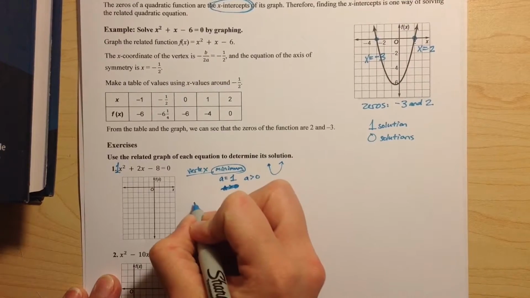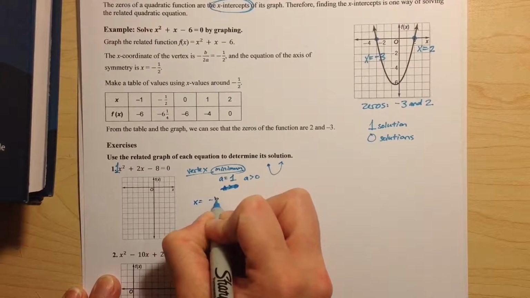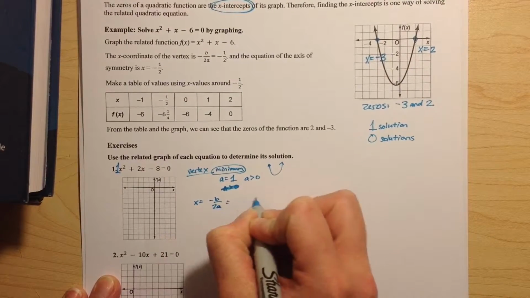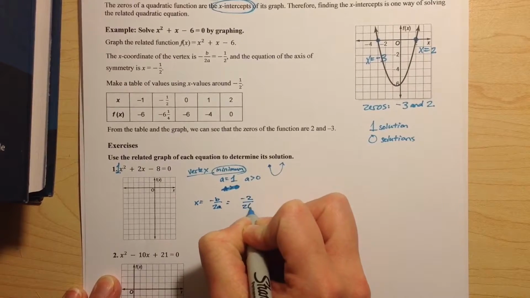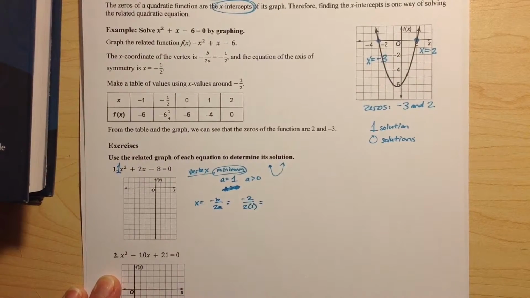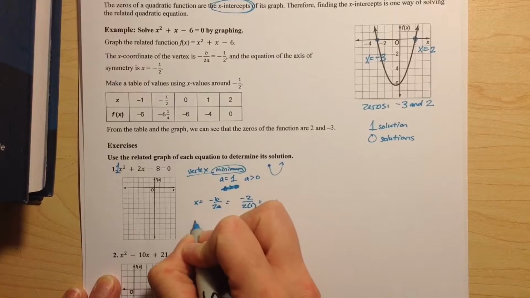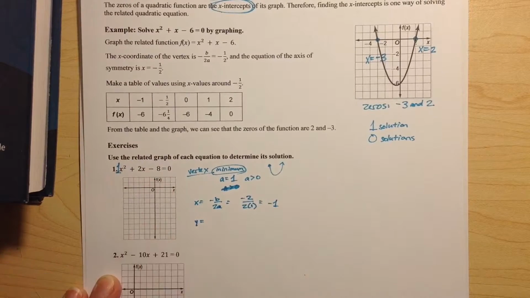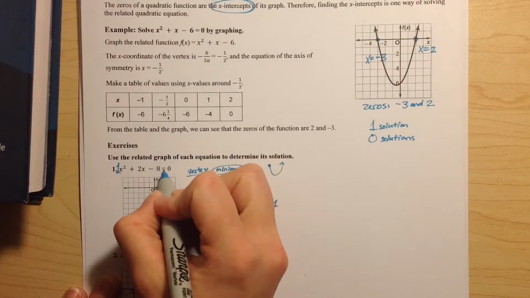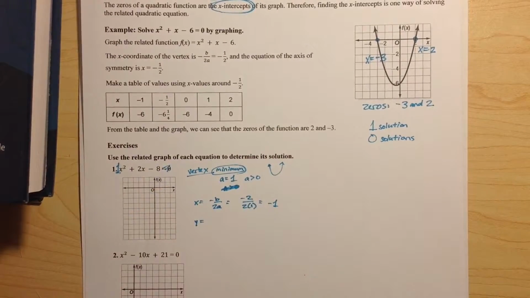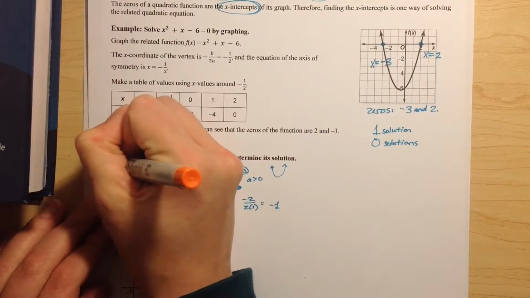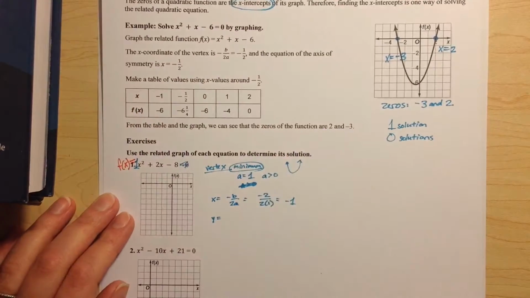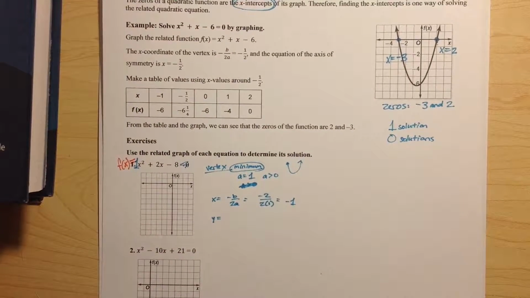Where the vertex is, the x-coordinate is negative b over 2a: negative 2 over 2 times 1. So I have negative 1 as my x value. For my y value, I'm going to graph the resulting equation. I don't need this equals 0 anymore. I could just say this is f of x, so f of x equals 1x squared plus 2x minus 8.